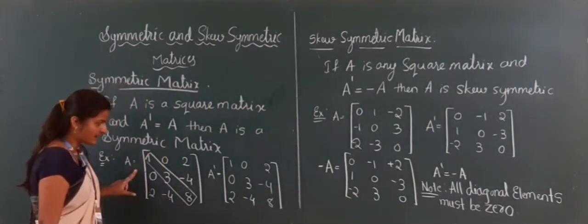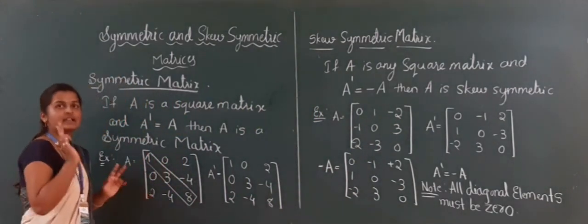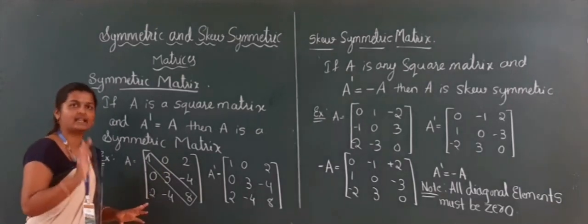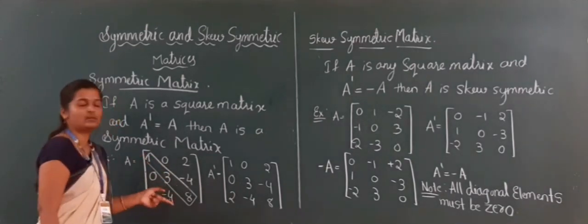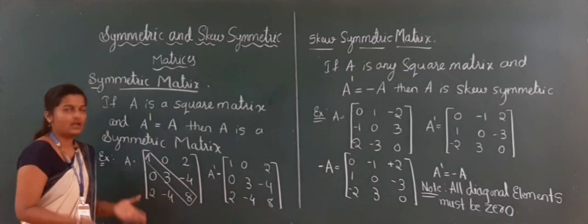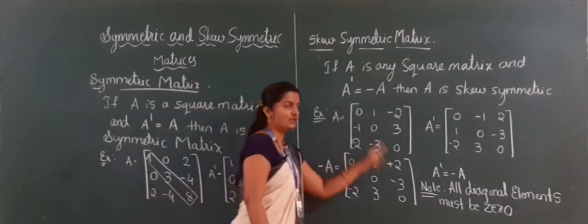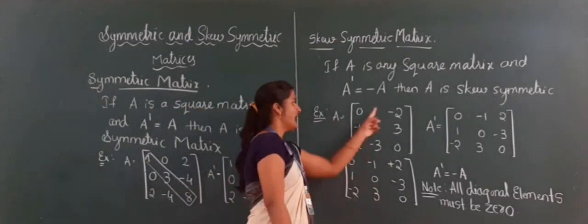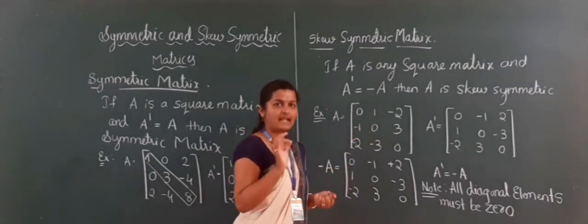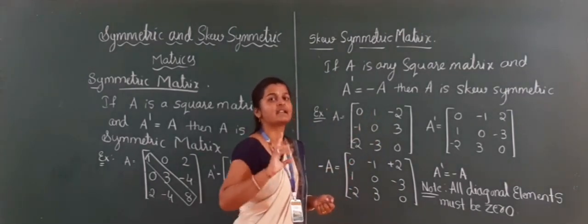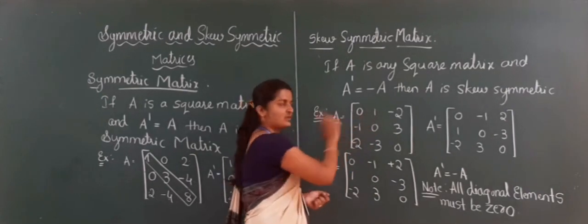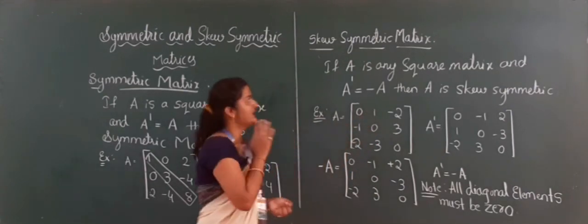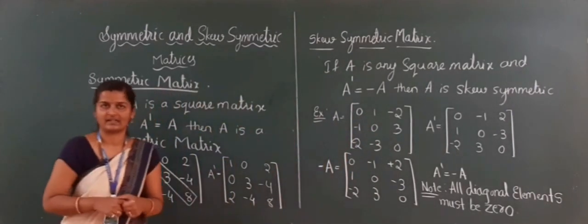For symmetric, coinciding elements should be exactly the same in sign and number, and the diagonal elements can be anything. But in skew symmetric, diagonal elements should be equal to 0 and the coinciding elements should be the same in number but with signs reversed. If plus is there, the other should be negative. This is known as symmetric and skew symmetric.